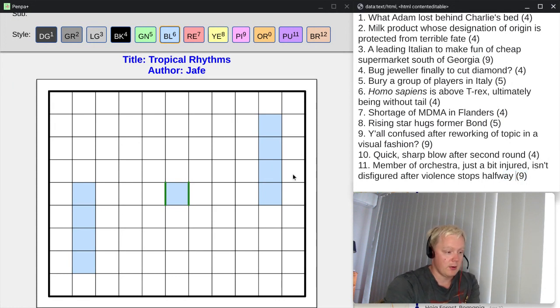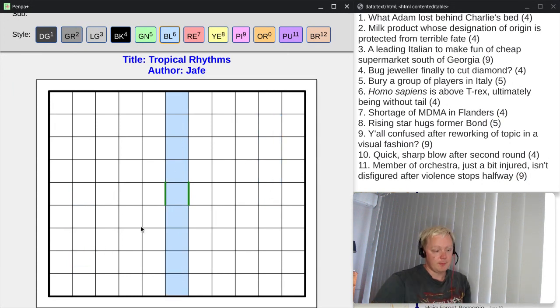Since size 9s are an odd number, we know that one of them goes all the way there. That has to be one of the answers of size 9. I'm going to leave this highlighting there just to remind us that that is going to be one of the answers of size 9.